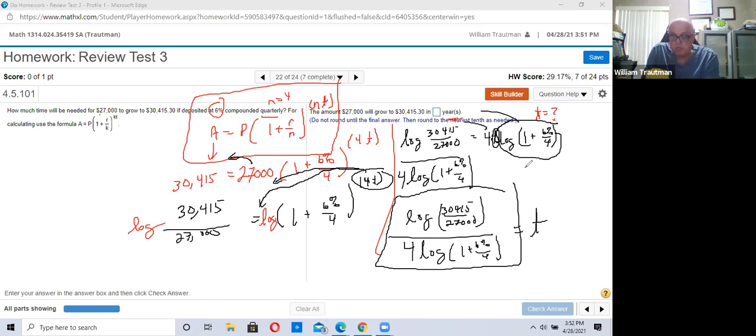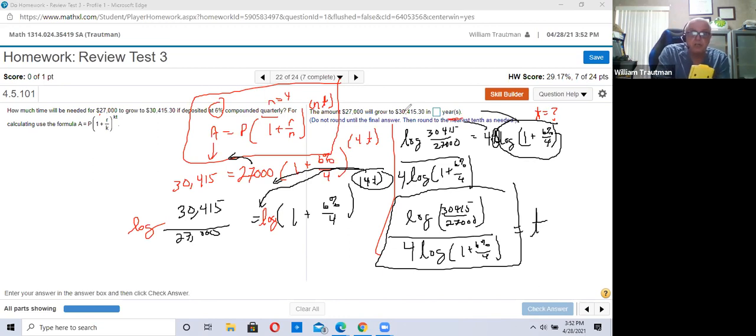Then I type in 4 log, parentheses, 1 plus fraction, 6% symbol, don't forget that percent symbol, over 4, arrow over, close the parentheses, and it looks like I have to close 1 more parentheses. I'm not sure why, I think I have 1 too many parentheses. I'm going to delete that one. There, so now mine looks exactly as this square.